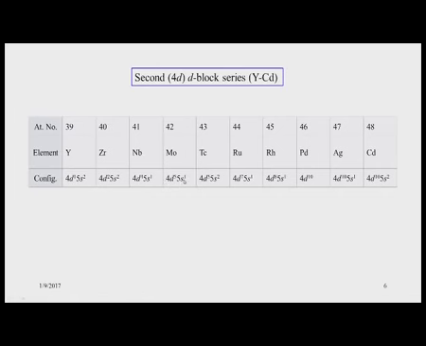So, one electron we move from the s level to the d level. It has some extra stability, that is the half filled shell and the full filled shell. So, palladium in the 0 state will have a full filled d level with a 4d10 electronic configuration, and it is stable.